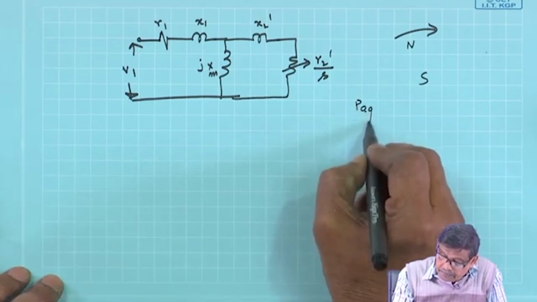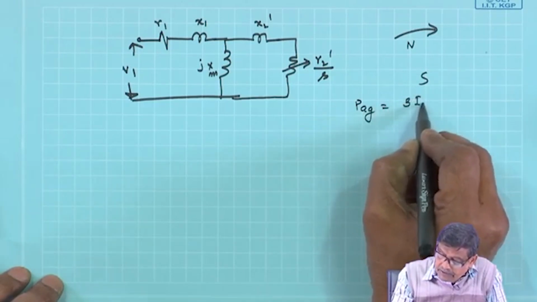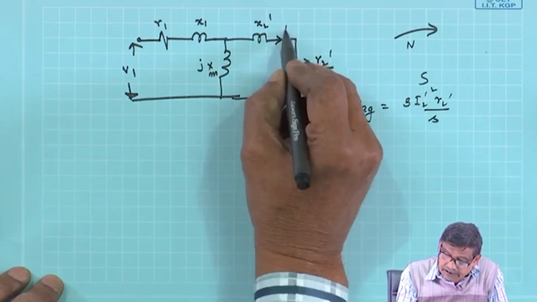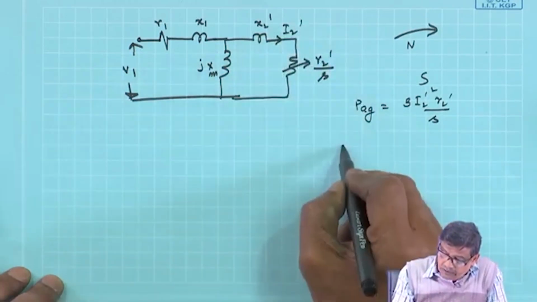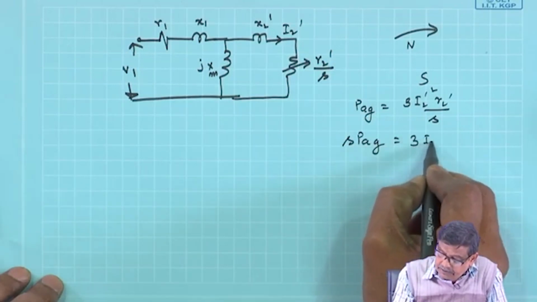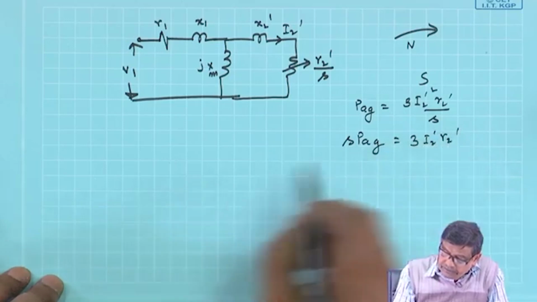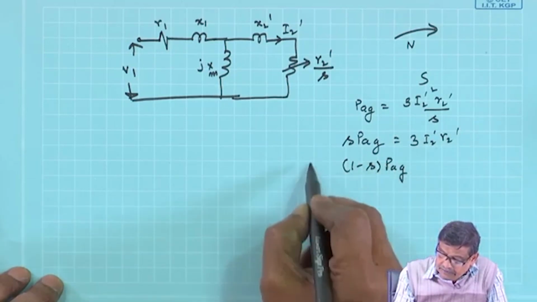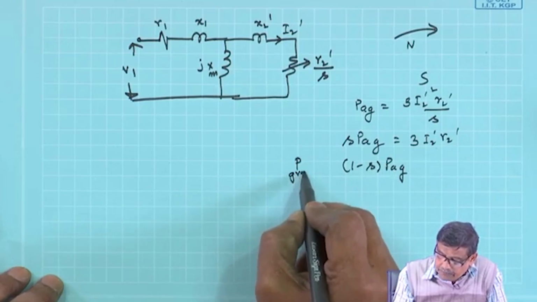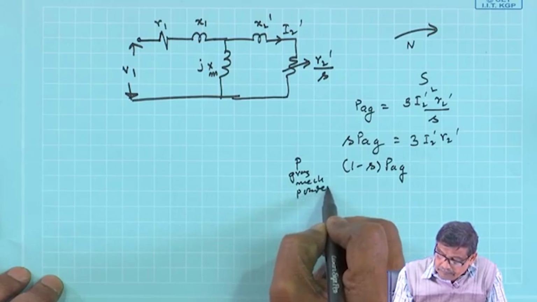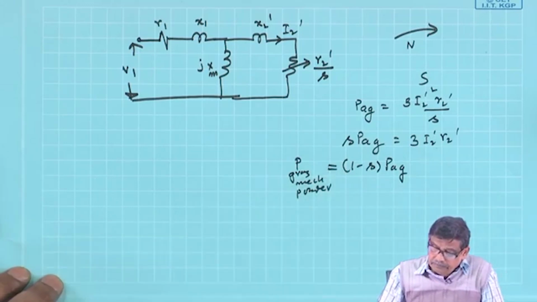because PAG is 3 I2 dashed squared R2 dashed by S, where this is I2 dashed, and the rotor copper loss is S times PAG, that is 3 I2 dashed squared R2 dashed. Then the gross mechanical power developed is (1 minus S) PAG.